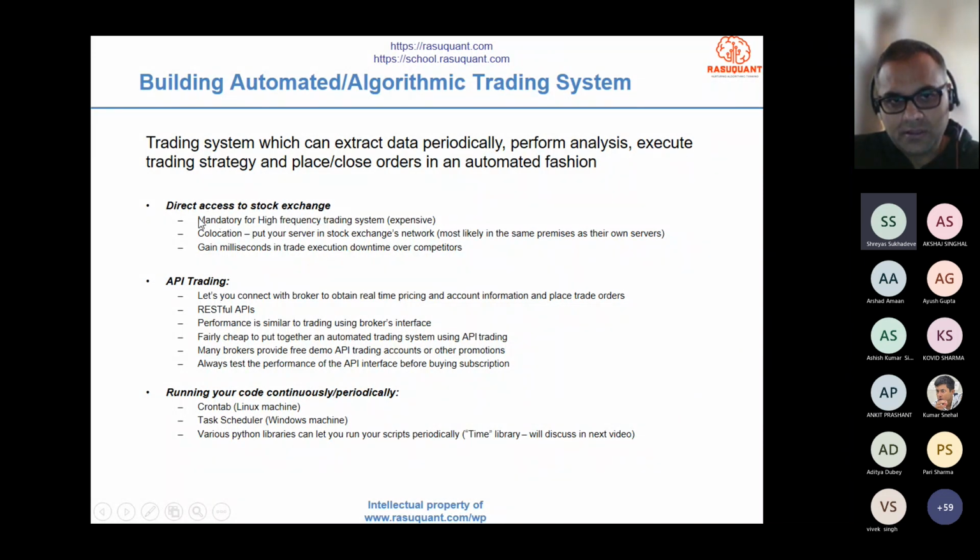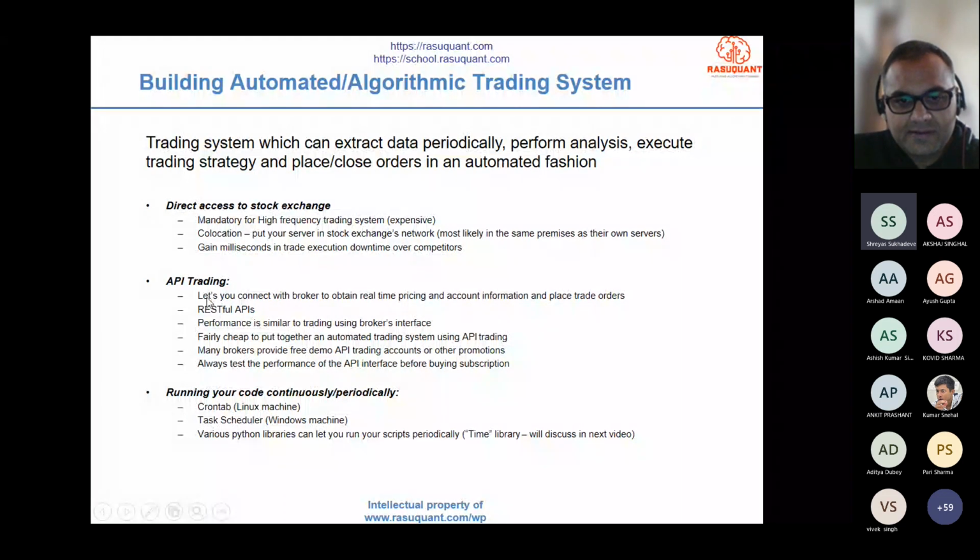There is no way you can have a high frequency trading setup if you're going through a broker. You have to have direct market access, but again, it's expensive. Co-location we have already talked about. It's great if you can get co-location because you can get certain milliseconds over your competitors, which is a pretty significant thing in this industry.